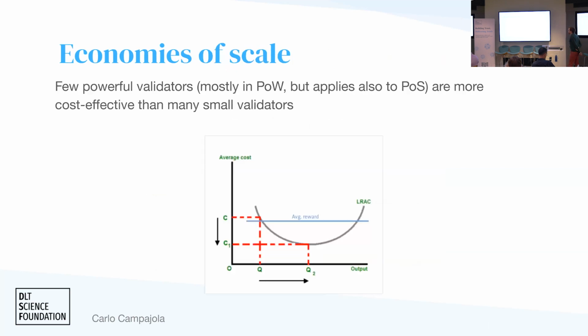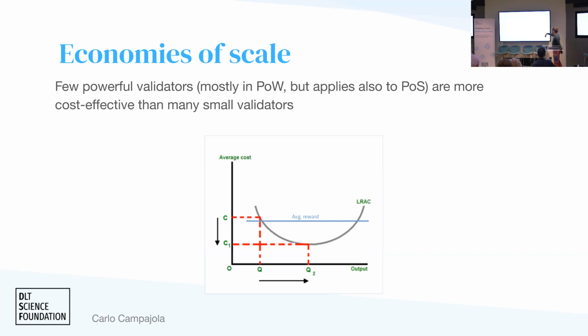And it all points to one simple effect, which is economies of scale. So what are economies of scale? Economies of scale basically is the effect that few powerful validators, mostly in proof of work, but it also applies to proof of stake systems, are way more cost effective than many small validators. And this figure here shows you a very simple relation that applies in most economic systems.